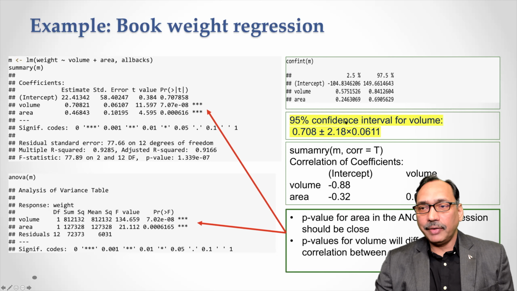So degrees of freedom here is 12. So that should give you 2.18 and then the standard error, which is 0.0611 roughly. So if you do that math, that should give you the 95% confidence interval for volume.